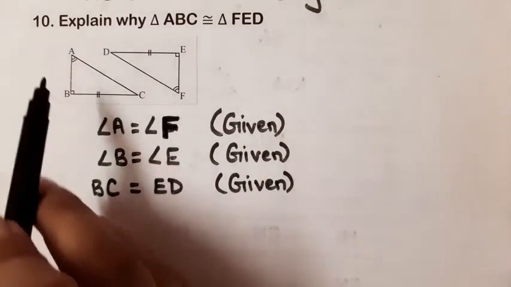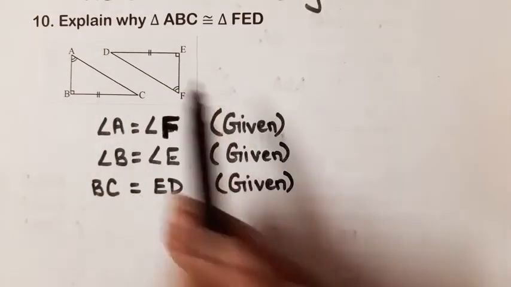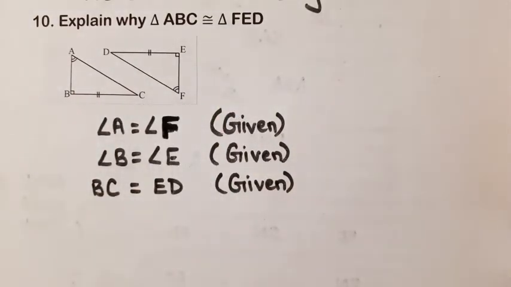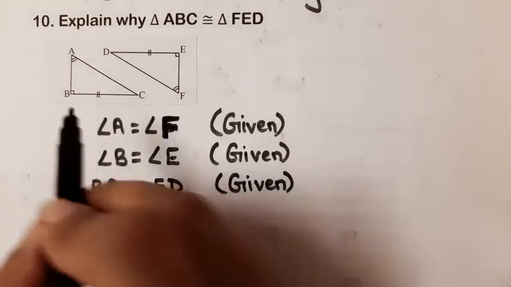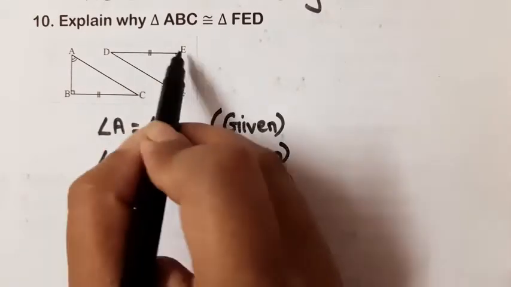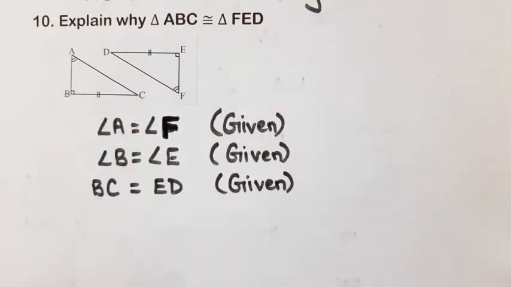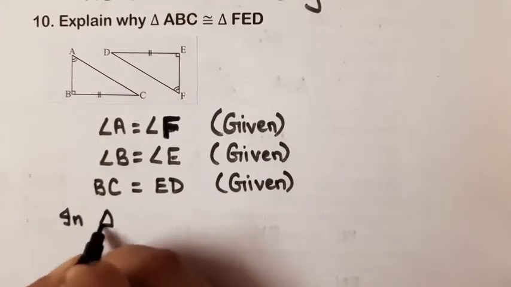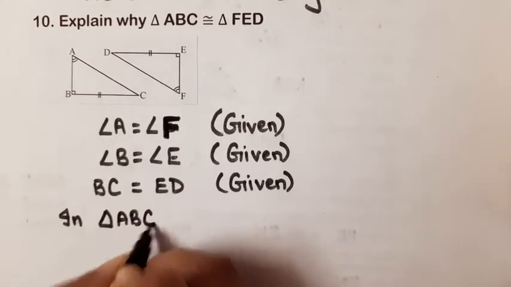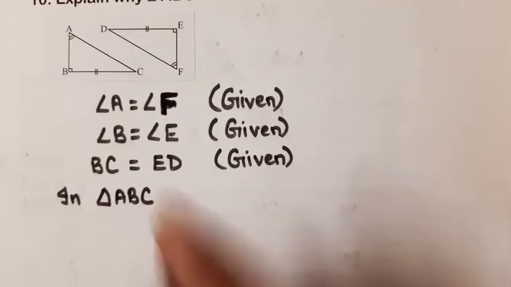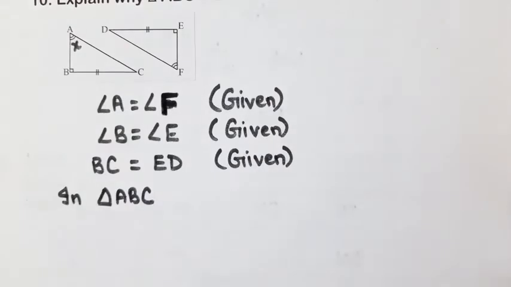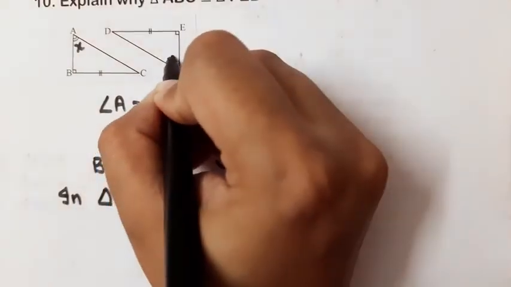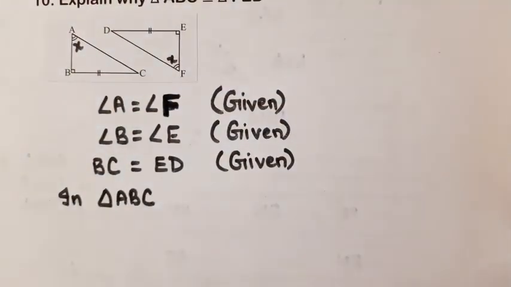Okay, now we cannot assume that the sides are equal, but yes, we can talk about the third angle in this case. Can we in any way include this side BC in the given angles and include this side ED in between the given angles? We can do that, because in triangle ABC, let us assume that this angle A is equal to X, and here also let's assume that angle F is equal to X because they are equal.